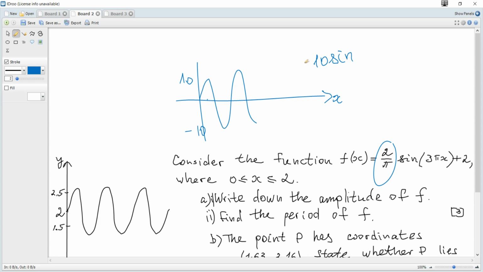If there is additionally a minus in front, it just means that this graph is reflected about the x-axis, but the amplitude remains the same.